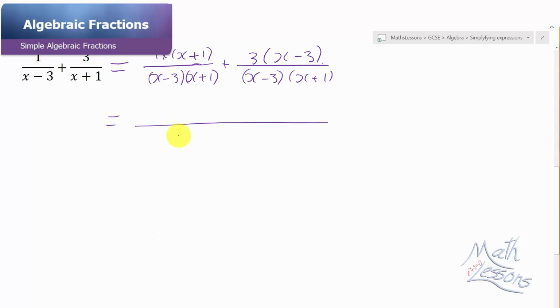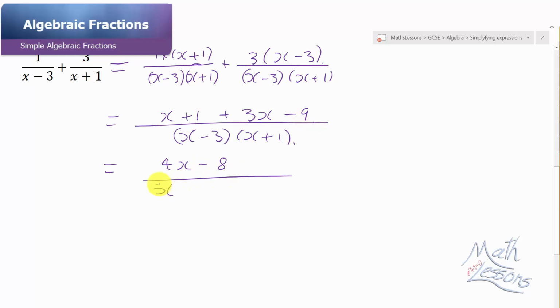And so we have a common denominator. And we multiply that out, so that gives me x plus 1. And we can multiply this out, and that gives me 3x minus 9. Combine this together, x plus 3x is 4x. 1 minus 9 is minus 8 over x minus 3.